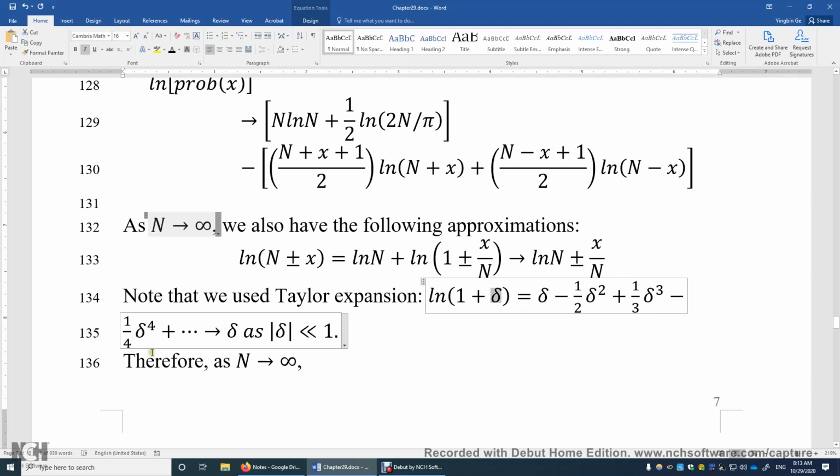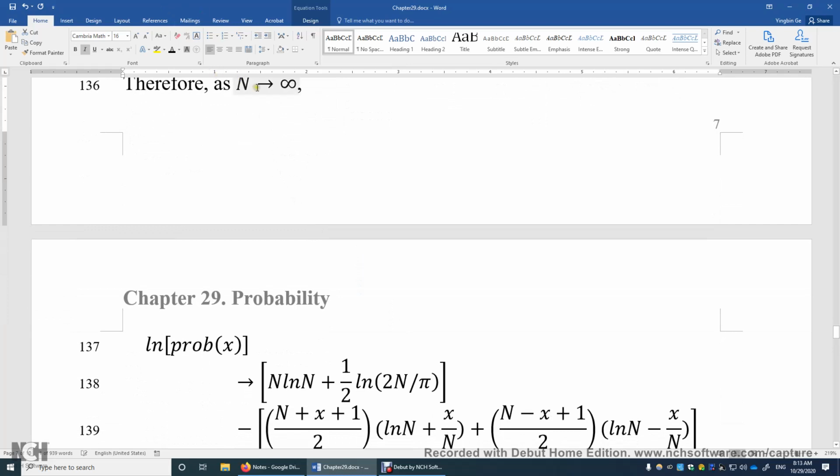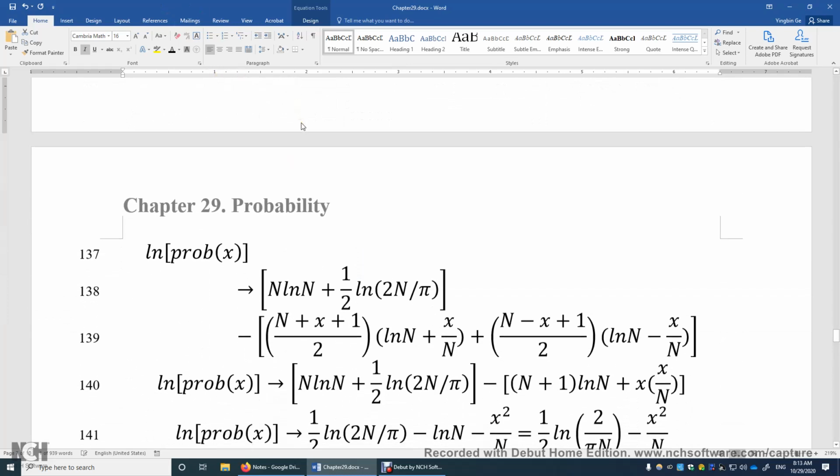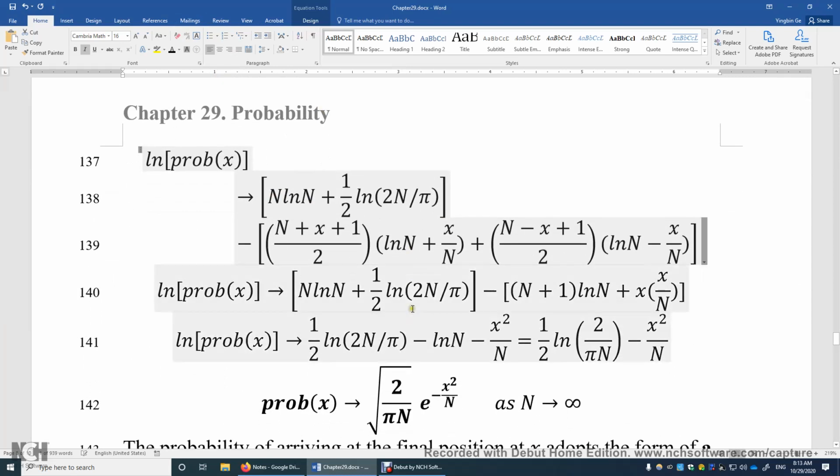You can verify that with a calculator or with your computer. Delta can be negative as well. If delta is negative 0.1, you just replace every delta with negative 0.1. So when n is approaching infinity, we can further simplify this expression.